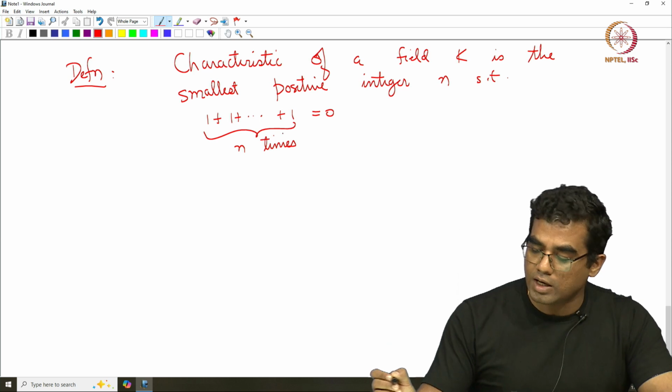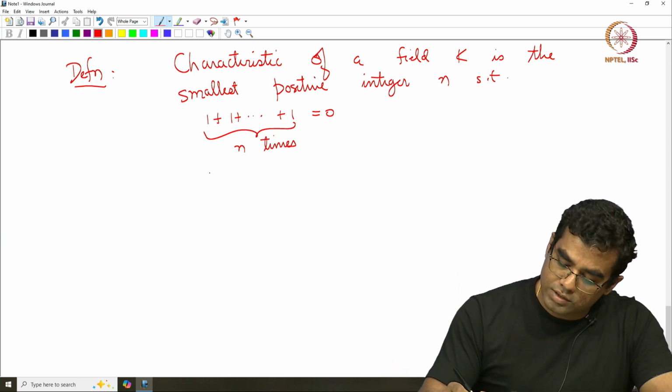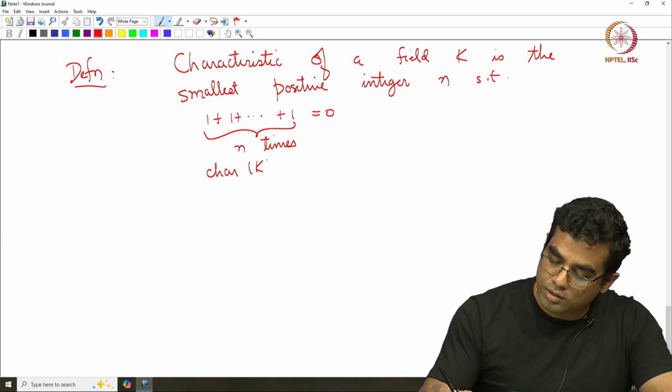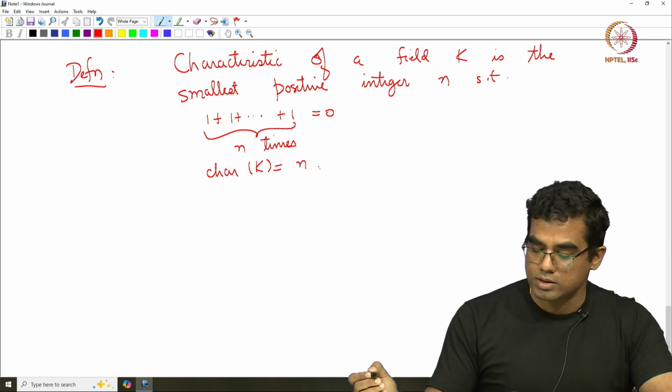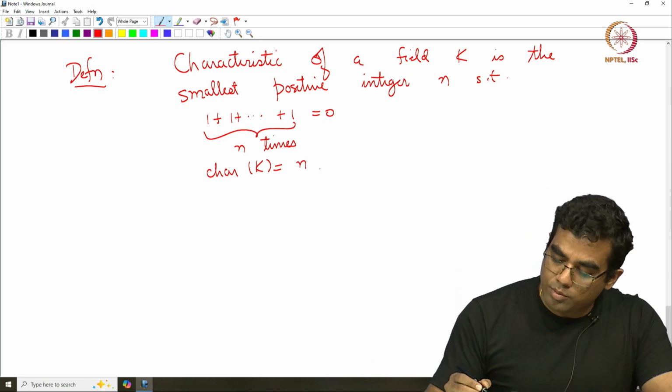Okay. So, the smallest n for which this happens, this is called the characteristic of K, and it is denoted as this, and of course, such an n may not exist.